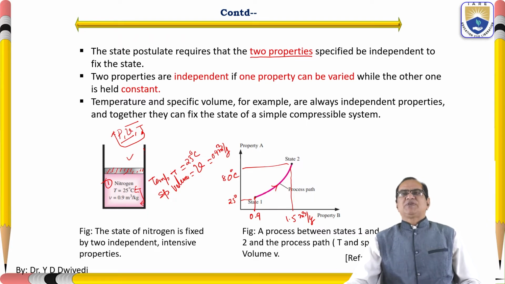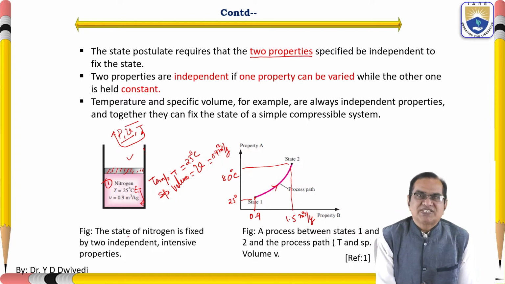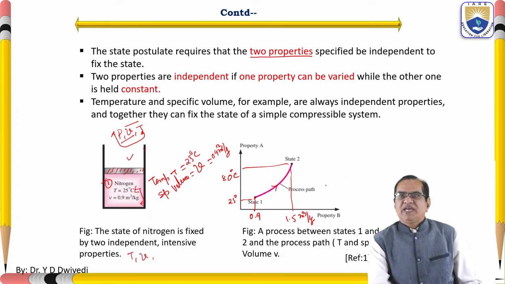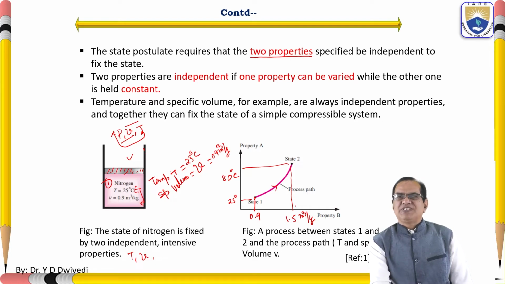So temperature and specific volume, for example, are independent properties and together they can fix the state of a simple compressible system. Here the state of the nitrogen is fixed by two independent intensive properties, that is T and V. Here a process is shown between state 1 and state 2, and the process path of T and specific volume is shown.